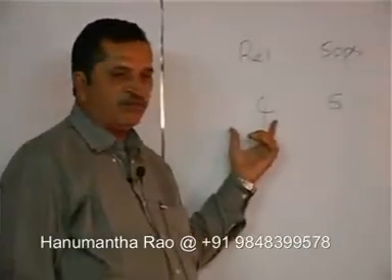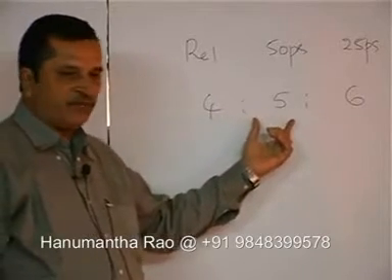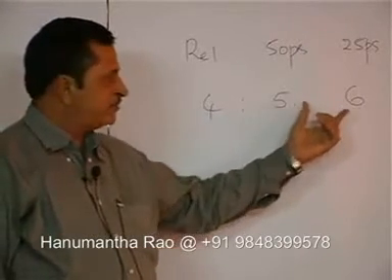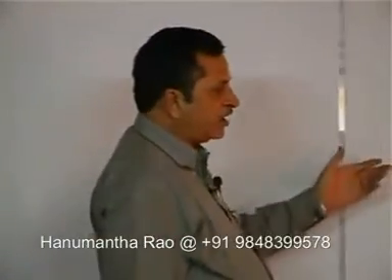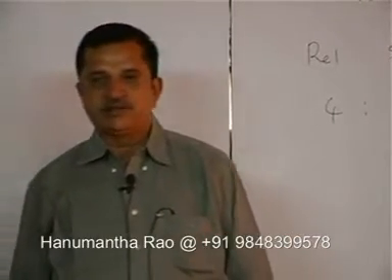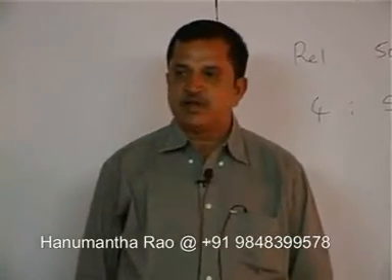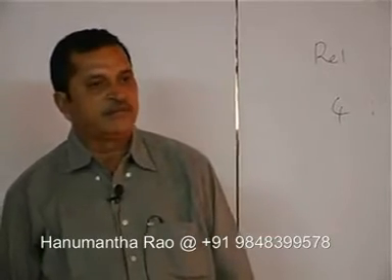Otherwise, for every 4 one-rupee coins, they made 5 fifty-paise coins and 6 twenty-five paise coins. And finally, the output is how many 25 paise coins, or how many 50 paise coins, or how many total number of coins are there.